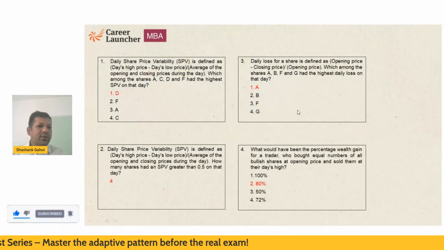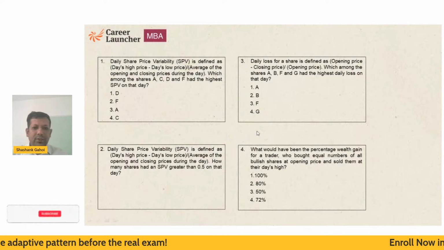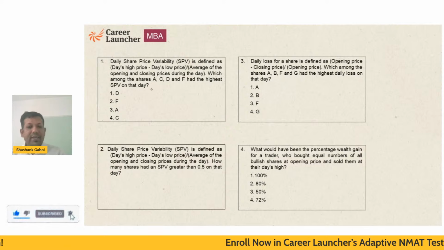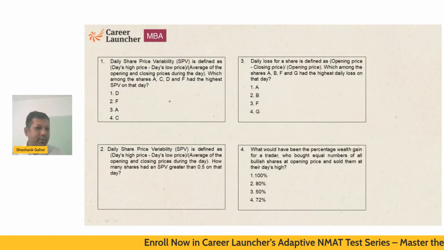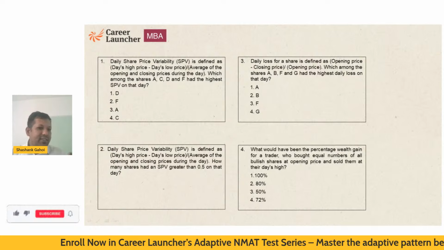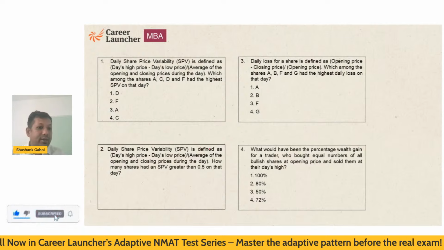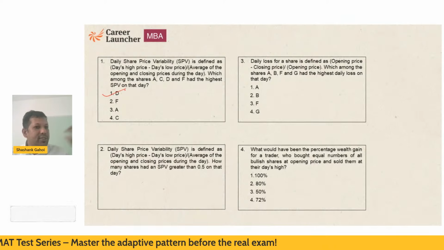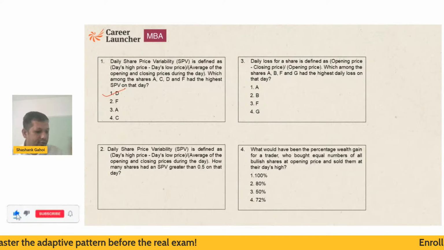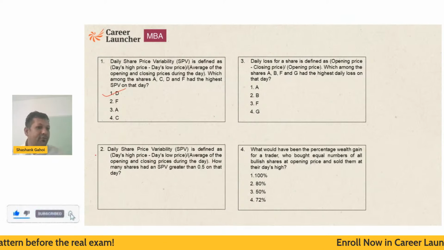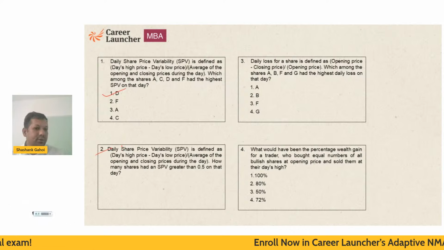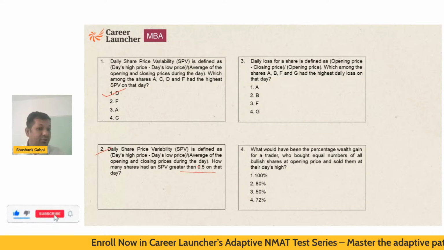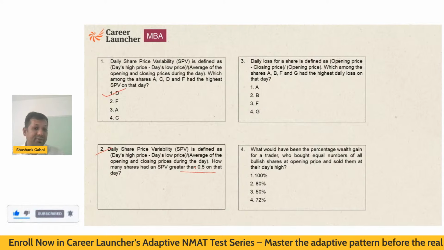Now for question number 1, the highest SPV is definitely going to be D. Ranjit, you are asking why we are not using the options, because there are 4 values and we could have checked only those. But if you read question number 2, it asks for how many shares SPV is greater than 0.5, so I have to check every share.